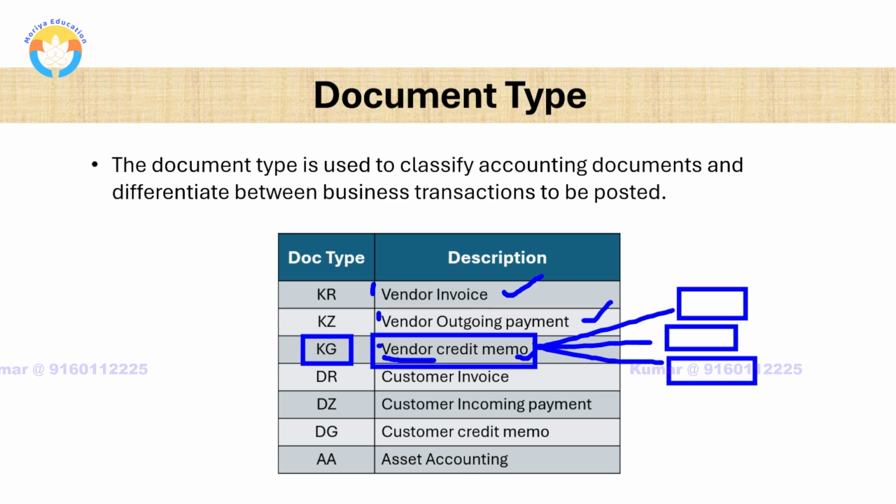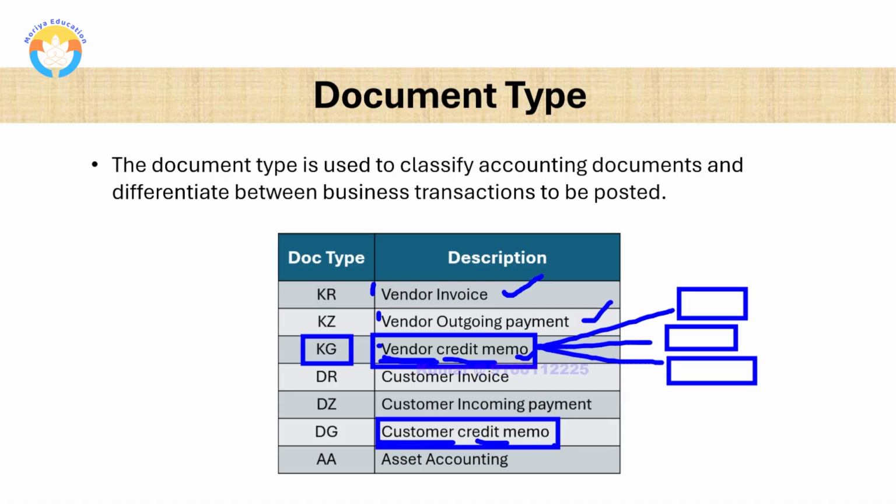Here we don't call it as debit memo, credit memo. We call credit memo only even for both, purchase returns and sales returns. But purchase returns is called as vendor credit memo. Sales returns is called as customer credit memo. Credit memo will be same, only it is vendor or customer it will be different.